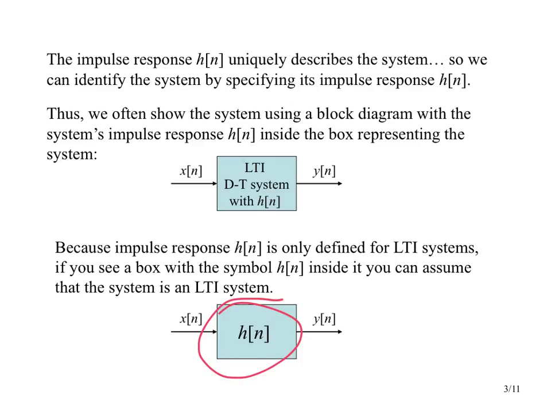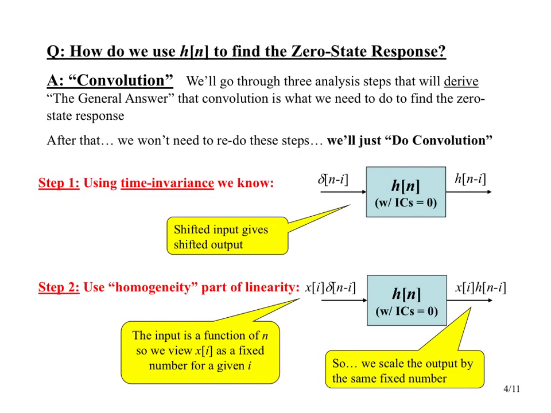Okay, so what we're going to do here is try to answer how we use h of n to find the zero state response. So zero state response simply means that we're trying to find the output when the initial conditions or the state of the system is 0.